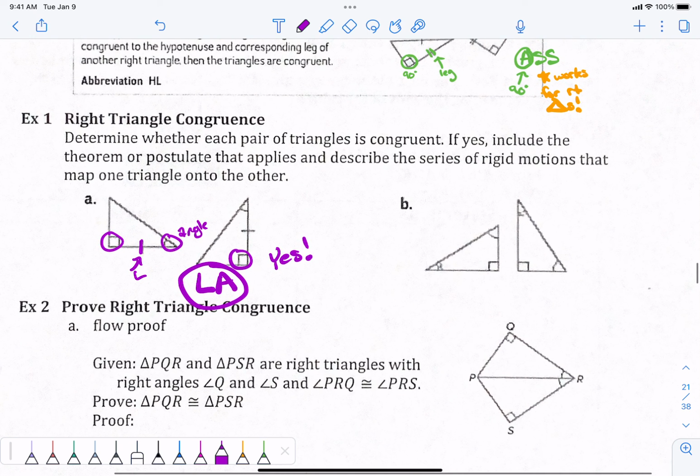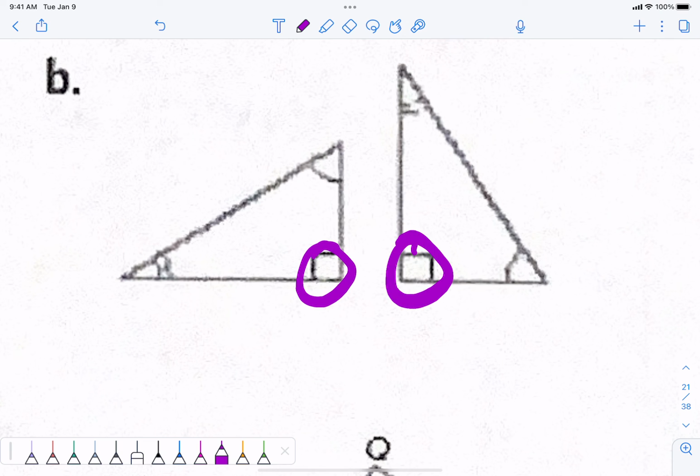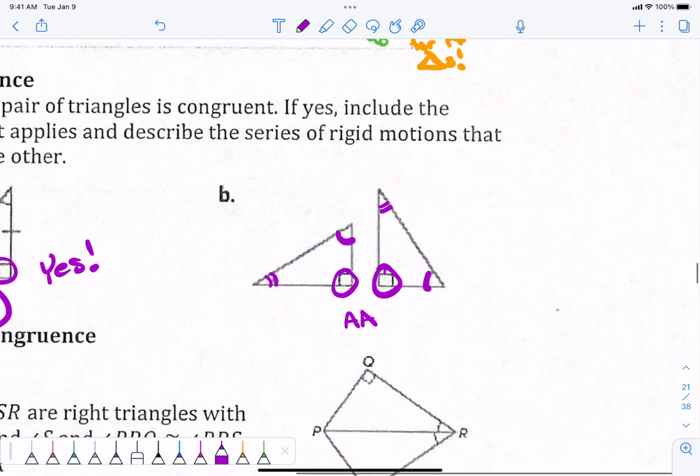Okay? Part B. There's 2 tick marks. So we have our 90-degree angle. Great. We have this angle matching this one, and this angle matching this one. Okay, so we're given 2 angles. Is AA a thing? No, because you know what could happen?